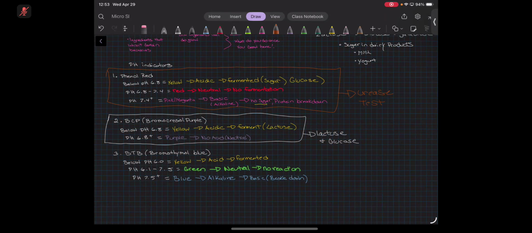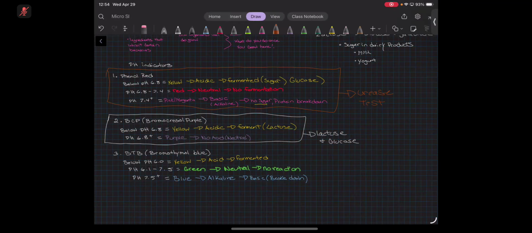Oh, so it'll turn the medium pink under alkaline. Yeah, yellow is the original color. It says right here: the slant will remain yellow, its original color, and will become more yellow due to the production of acid. So it starts yellow.